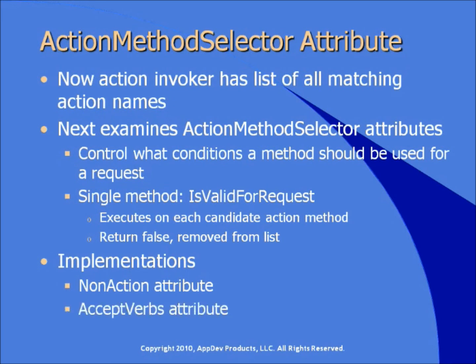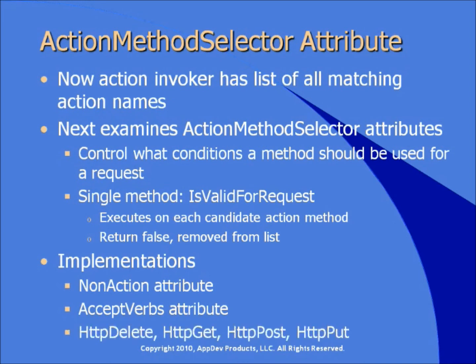The AcceptVerbs attribute is a little bit more interesting. It uses the HTTP verb of the current request to determine whether the method should handle the request. That means that you could have multiple overloaded methods in the controller class designed to respond to different HTTP verbs, such as get, post, delete, etc. It takes a single parameter with a list of HTTP verbs that the method will handle.